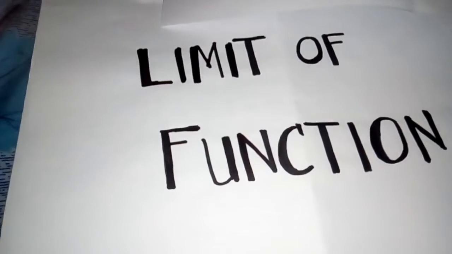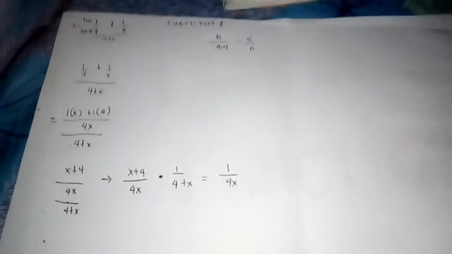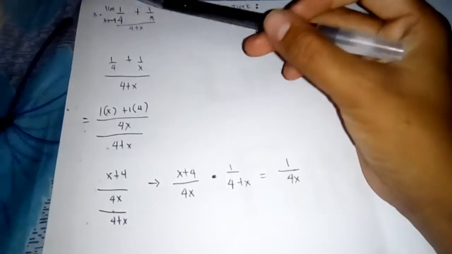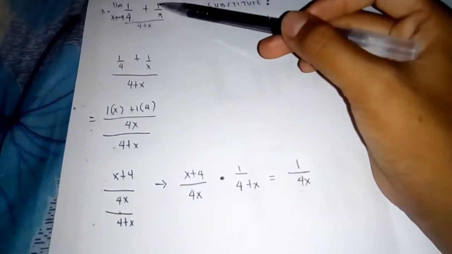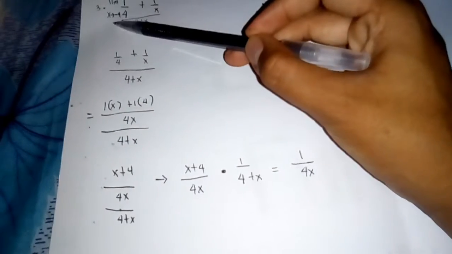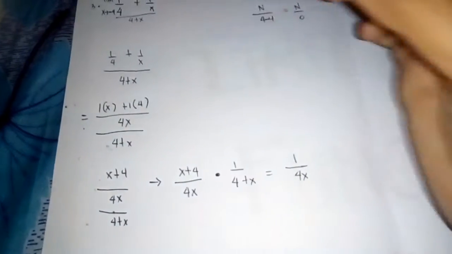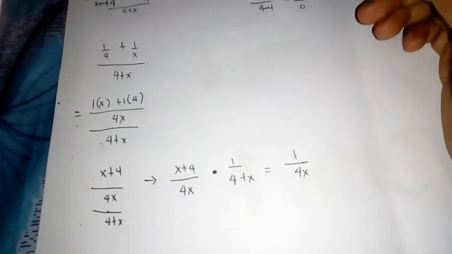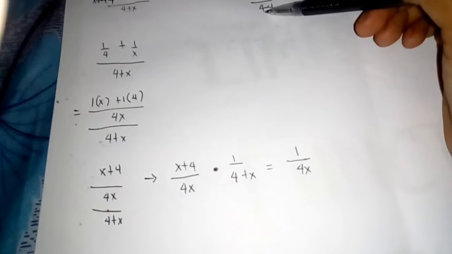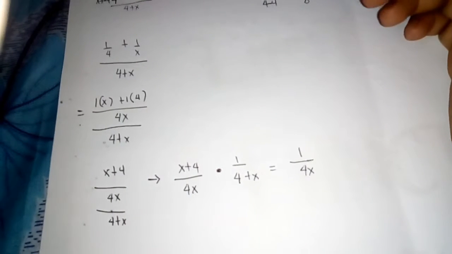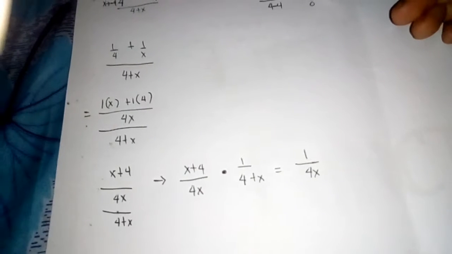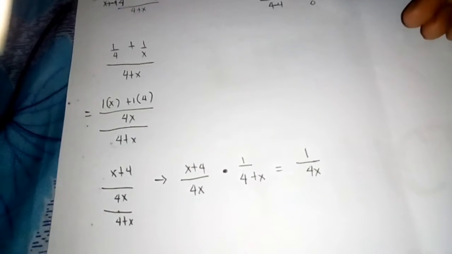And now let's proceed to example number 3, which is the limit of 1 over 4 plus 1 over x, all over 4 plus x, as x approaches negative 4. So substitute: 4 plus x is equal to 4 minus 4, equals the numerator over 0.